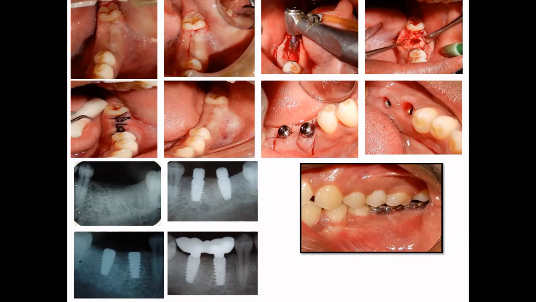And the adjacent tooth should not be involved, and the inter-tooth distance should be sharply closed to prevent food impaction inside the implant region.